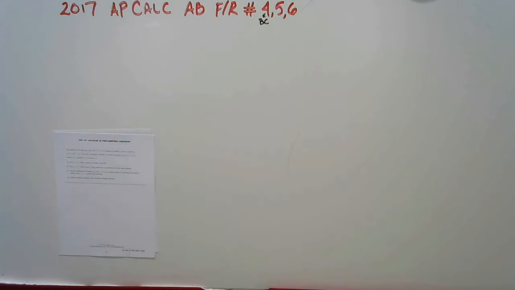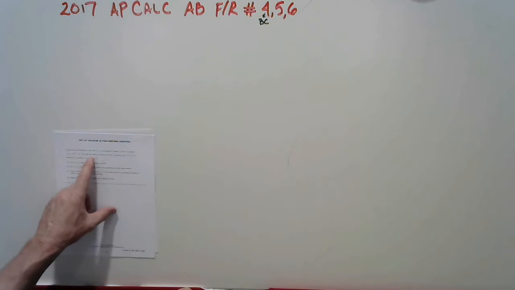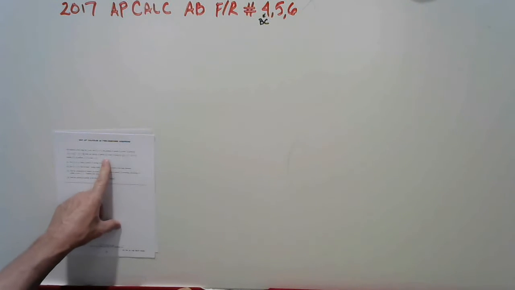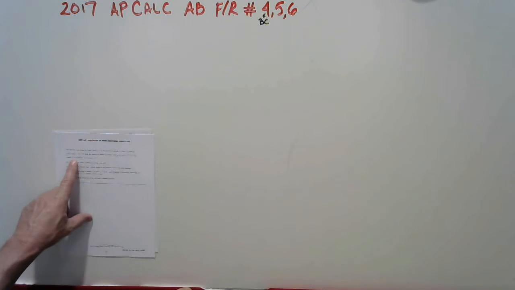Okay. And then it says the velocity is given by v of t equals, oh, this is a separate particle. I'm sorry, this is particle Q. We have particle Q and we have the velocity function.